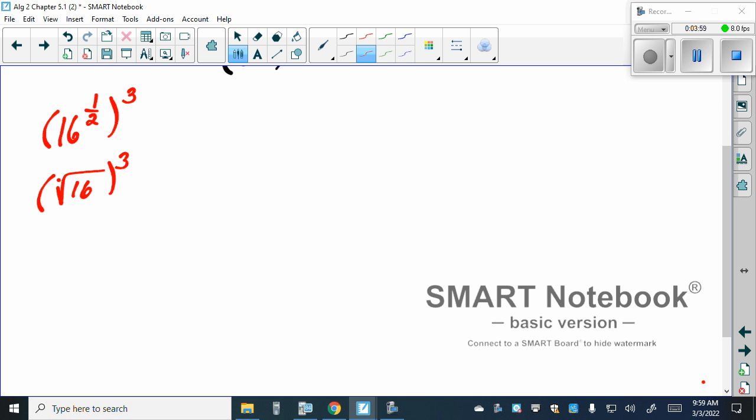Because really this index here is 2. We don't necessarily write 2 because for a square root, it's understood to be a 2. And if we're looking for the square root of 16, what times itself is 16?